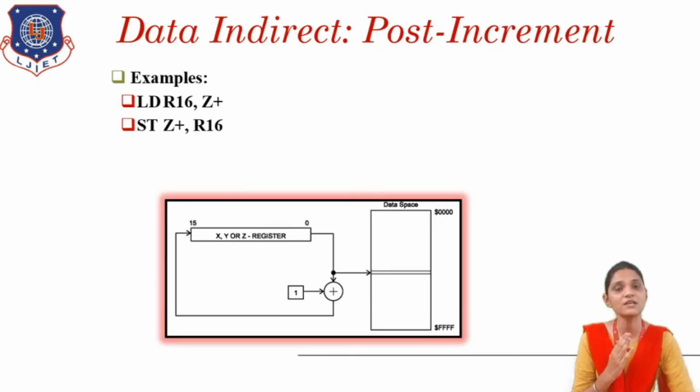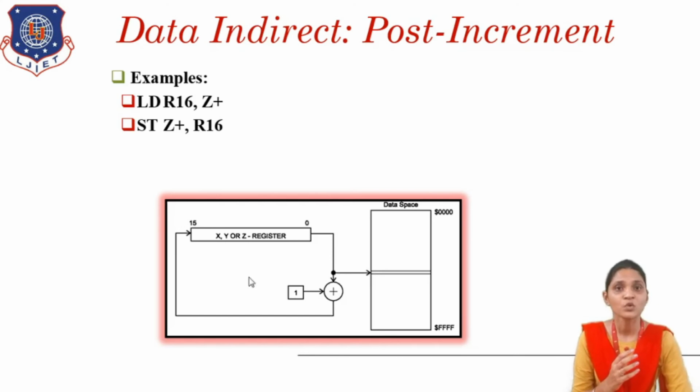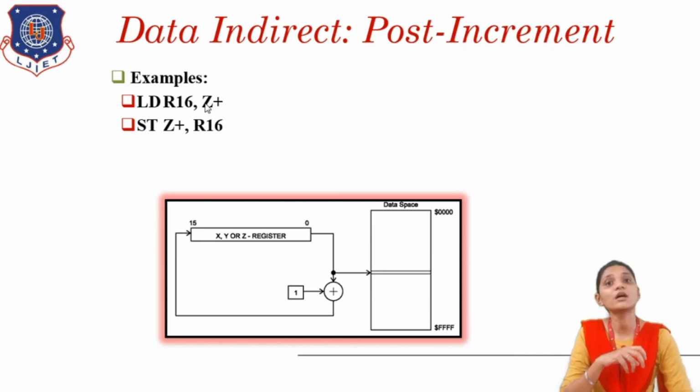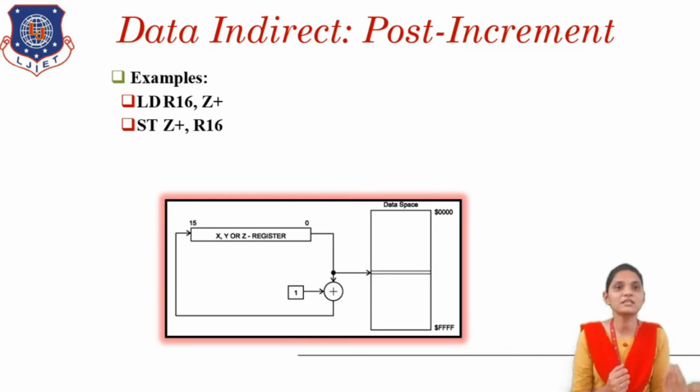In post-increment addressing mode, we will have something like this: LD R16, Z plus. Here we are using the plus sign that indicates the post-increment. First, the content of Z register is going to be used as the address, and from that location your data is going to be stored at register 16. But after storing that data at register 16, the content of Z register is going to be incremented.